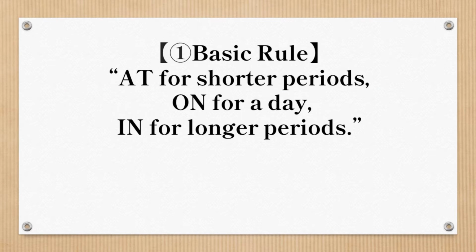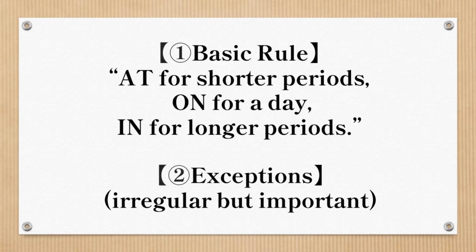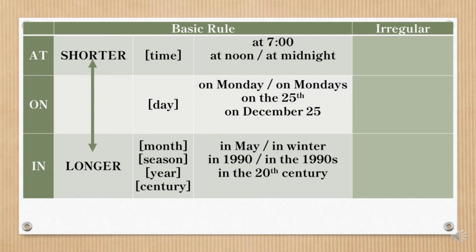The basic rule is at for shorter periods, on for a day, in for longer periods. This rule is really helpful in speaking or writing good English. However, there is no rule without exceptions. Today, we'll review basic patterns, and learn irregular but important ones.